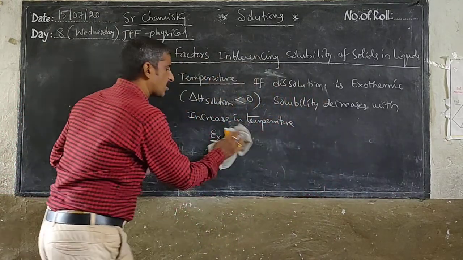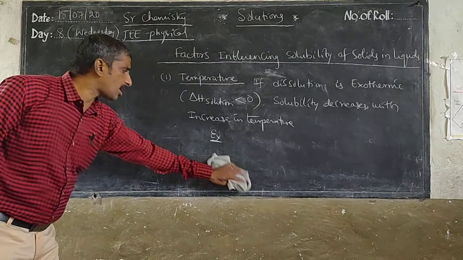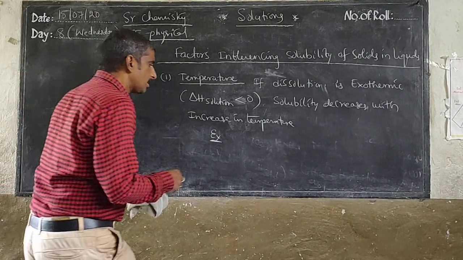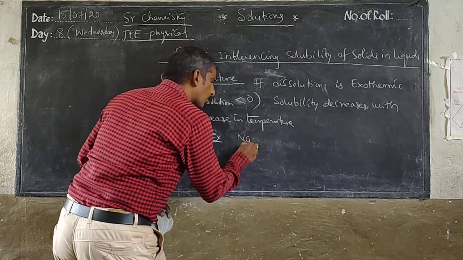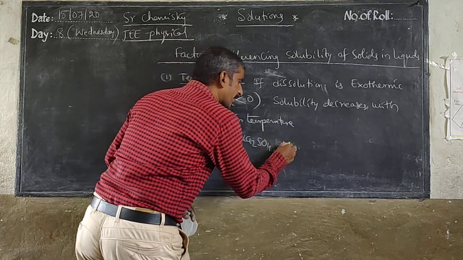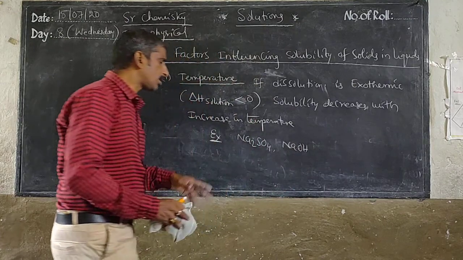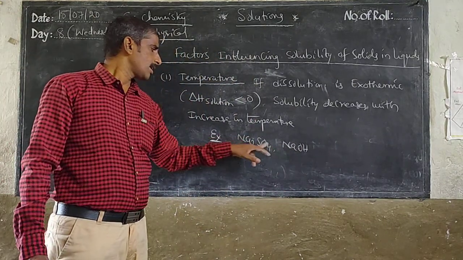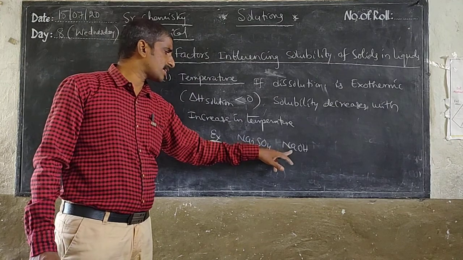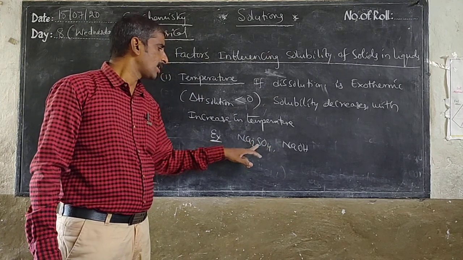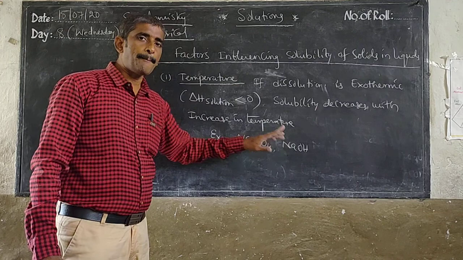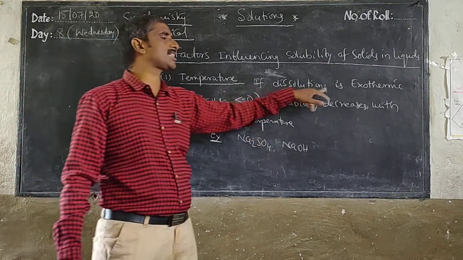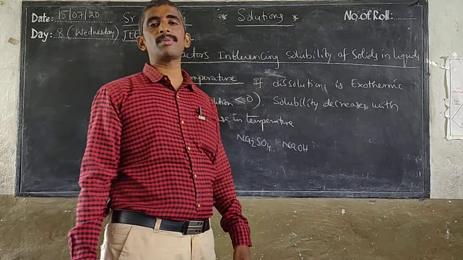Examples are sodium sulfate and sodium hydroxide. In this case, as temperature increases, solubility decreases because the dissolution is exothermic.